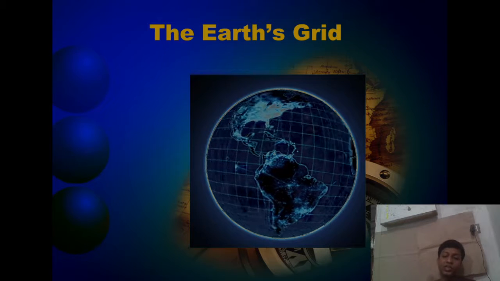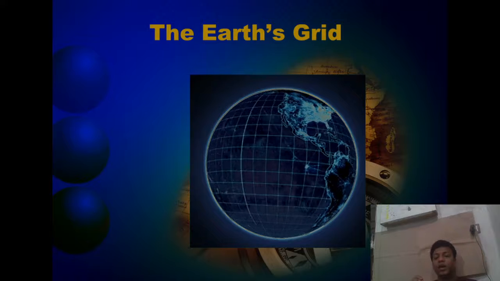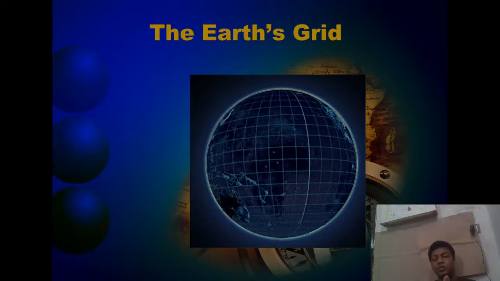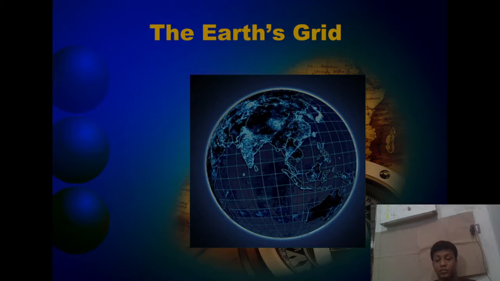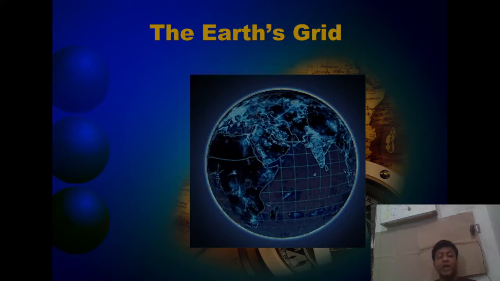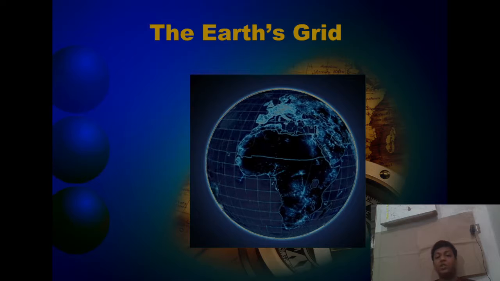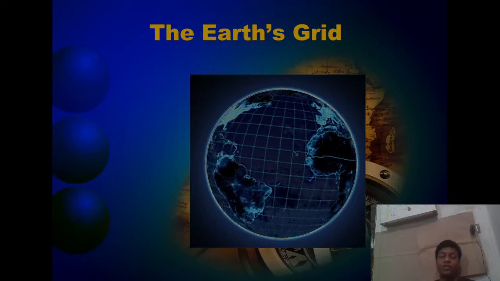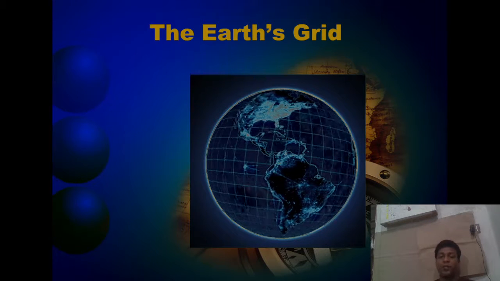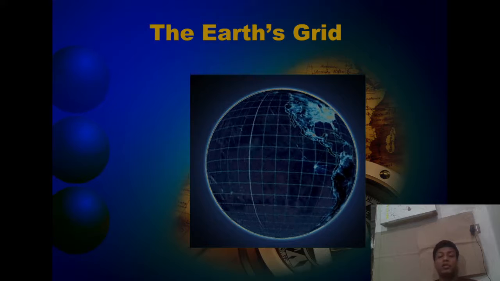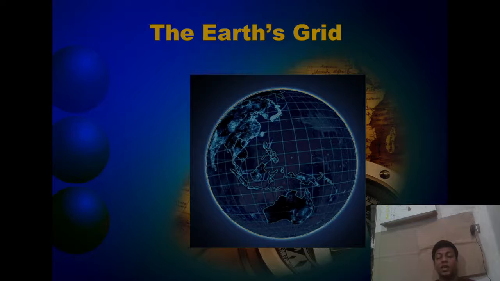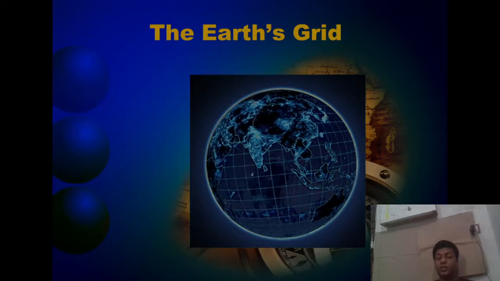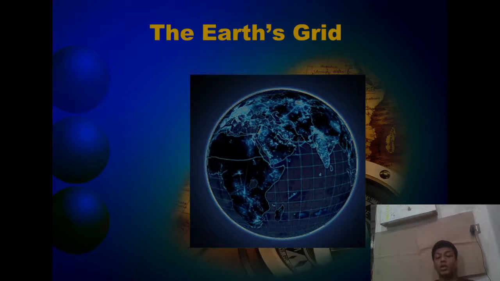Look at this grid. Actually, the Earth is divided into grids, and with the help of this grid we can identify a specific location. If you live in Motihari, in Chota Bariarpur, you can find your unique identification with the help of latitude lines and longitude lines, and the angular distances of latitude and longitude.